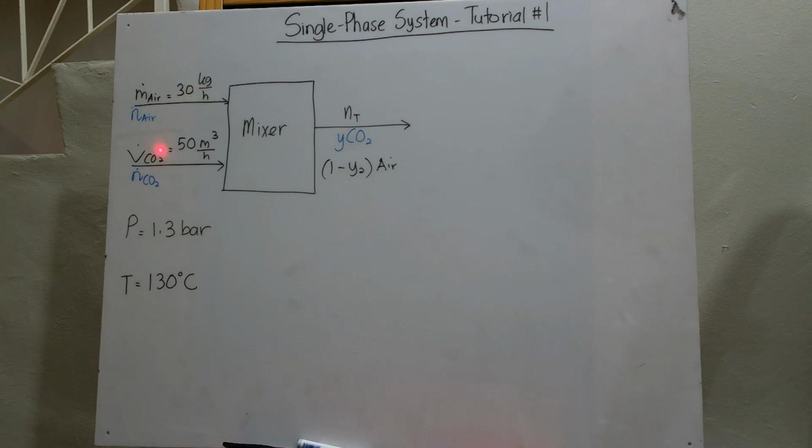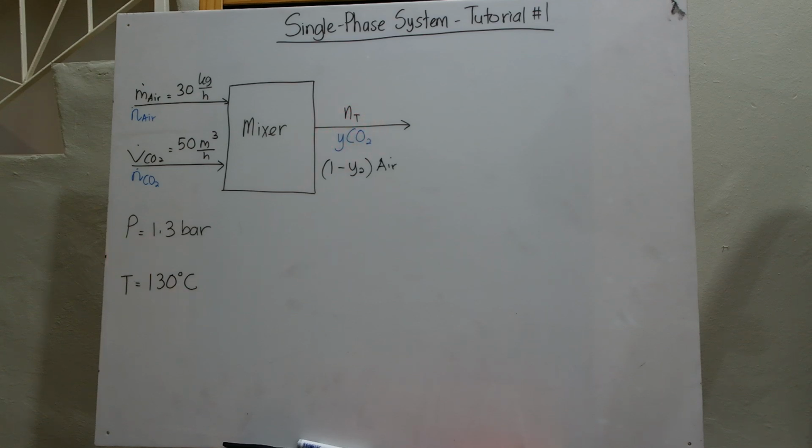Okay, and then we have a volumetric flow rate of CO2 equal to 50 meter cube per hour. And then we have one product out. Since the question wants you to find the mole fraction, we have to convert whatever inputs that we have into number of mole or mole flow rate.